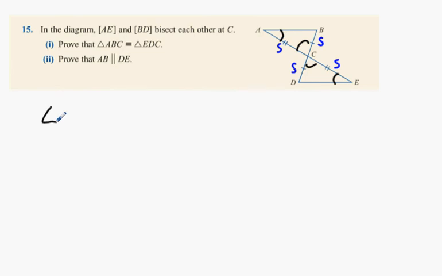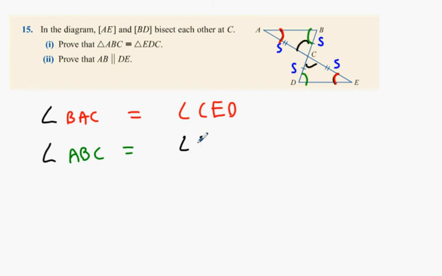Angle, I'll mark it in red. What two angles are the same? Angle BAC is equal to angle CED. And then the other one, we'll go for this one, angle ABC equals CDE, and then finding the third angle equals DCB.